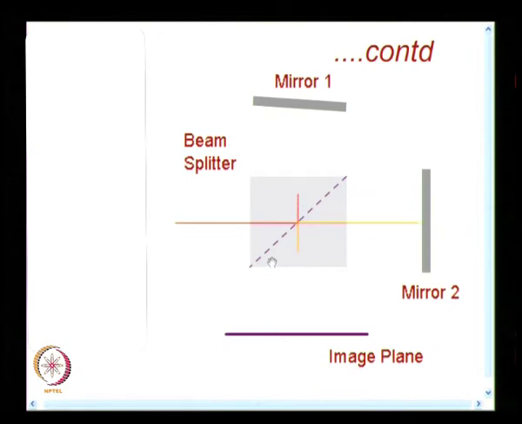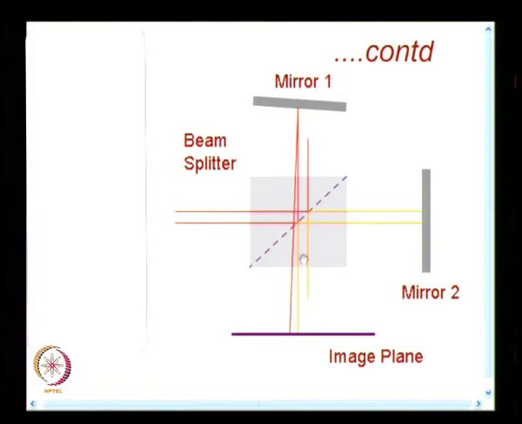So, what I have is I have a beam splitter, one ray goes straight and hits this mirror and comes back, the other ray goes there and gets sheared, and on the image plane you have for one incident ray 2 rays are seen. Same thing you can watch for the second ray.